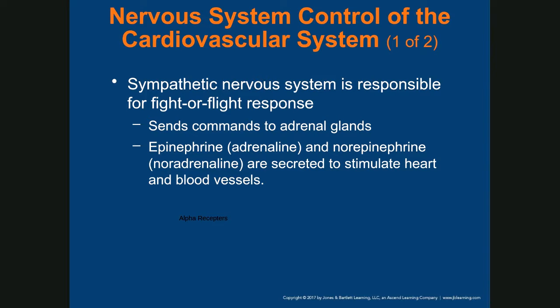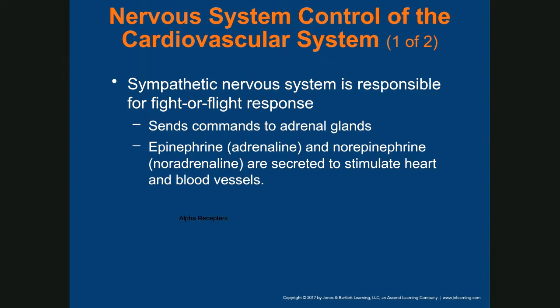Now, receptors are protein sites that are found on the blood vessels, right? So when they are stimulated, a specific function is created, or a specific action is initiated. So when the alpha receptors found on the blood vessels are stimulated, it causes the blood vessels to constrict.